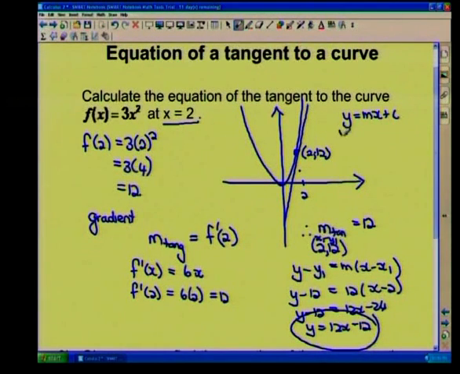Let's see if it makes any difference if I go this route. I know that the gradient was 12, and I'm now going to substitute this point in. So I'm going to say 12 equals 12 times 2 plus c. So 12 is equal to 24 plus c. So c is equal to 12 minus 24, which is minus 12.